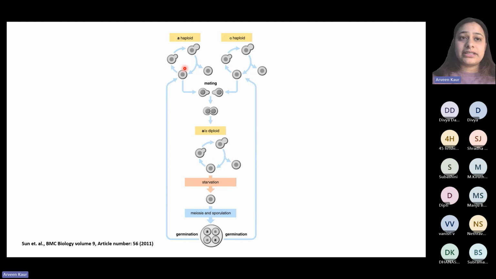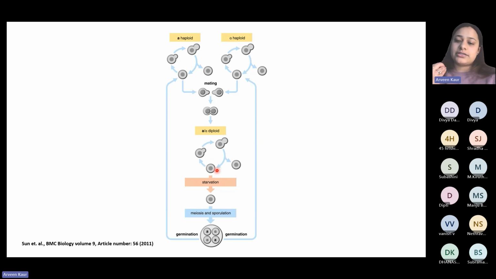So within this barrier, this diploid yeast will undergo sexual reproduction, and through sexual reproduction, it will form four different haploid spores, right? So that is how sometimes during nutrient deficient conditions, for its survival, this sexual reproduction is taken up by the budding yeast, right?